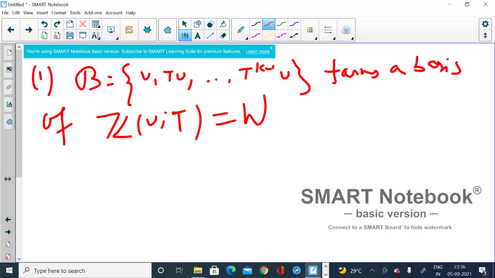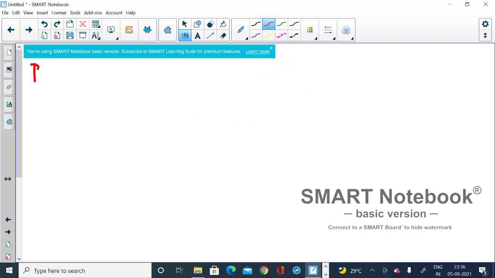So how do you prove that this is a basis? That means this set is linearly independent, and obviously if the dimension is k, then it will be a basis. If you start with a non-zero vector, a singleton will always be linearly independent. So let me start with the proof of part 1.